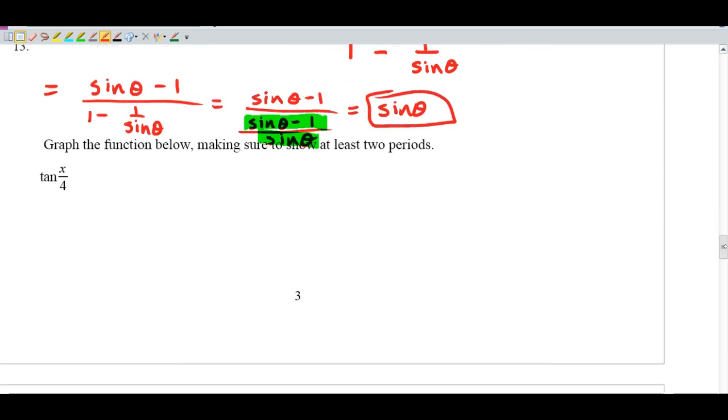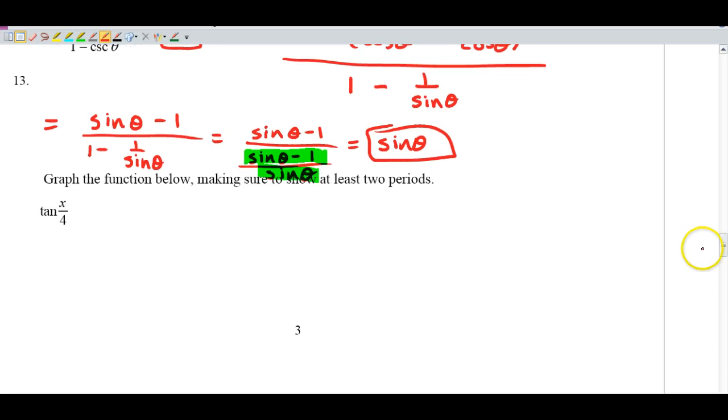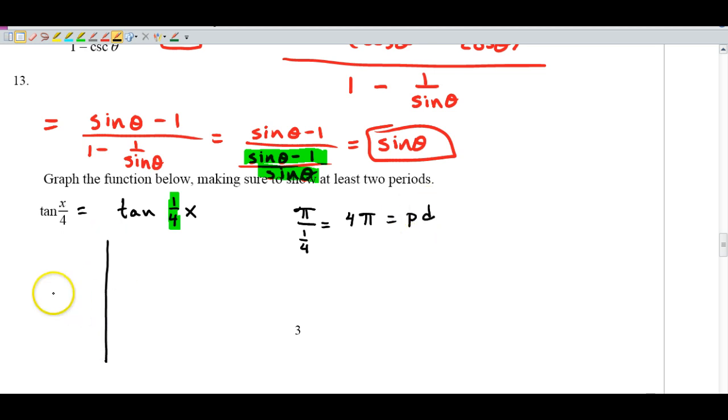Problem number 13 is a graph. I need to see this as equal to the tangent of 1/4 x. This value here is b, and the period of the tangent function is pi. So pi over 1/4 is equal to 4 pi, which is my period of this function. The tangent function does a twist at the origin.